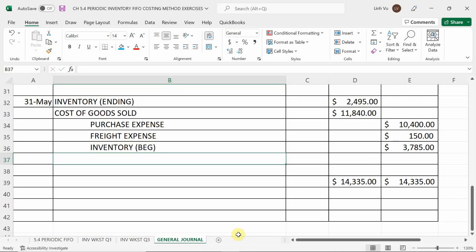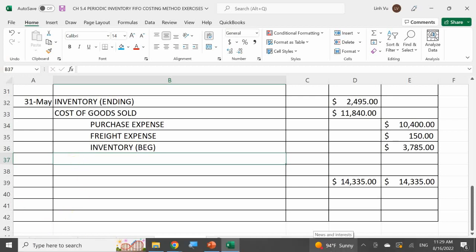Ending is always going to come first. Beginning is always going to come last, because we're trying to figure out how many items we have available to sell. So you're going to combine everything together: the beginning balance as well as all the purchases that you've made. That's exactly what this credit is. And we're going to distribute them by putting them in those respective boxes.